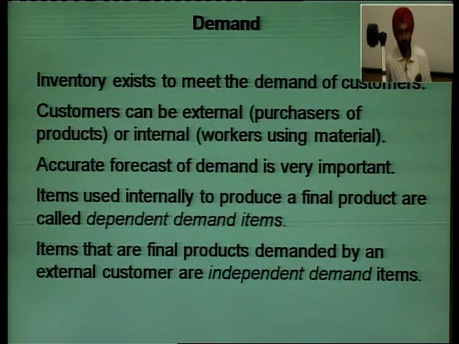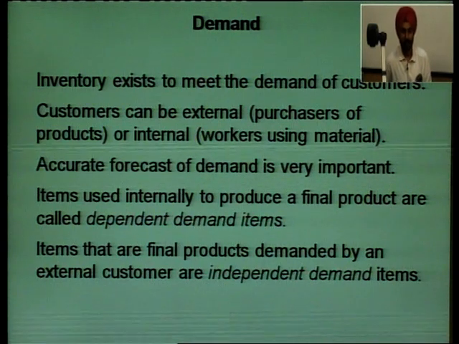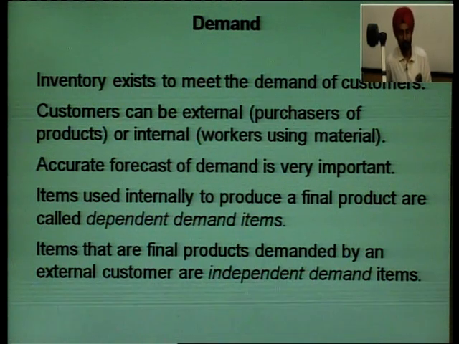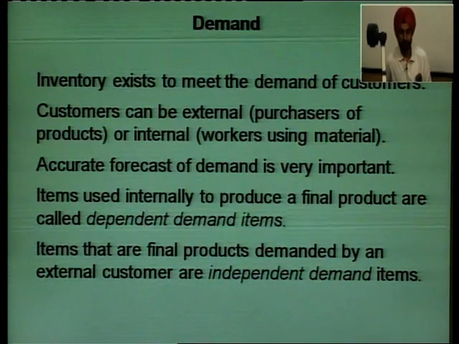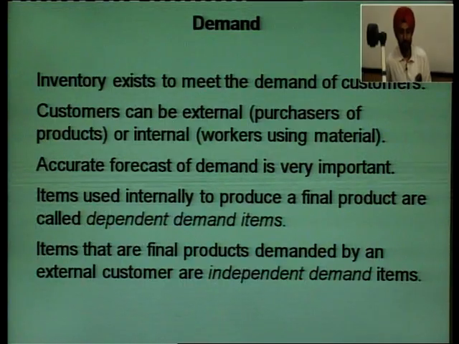That is why accurate forecast of demand is very important. Okay. Though we cannot have a 100% accurate forecast, we shall take steps to go for at least reasonably accurate forecasts.